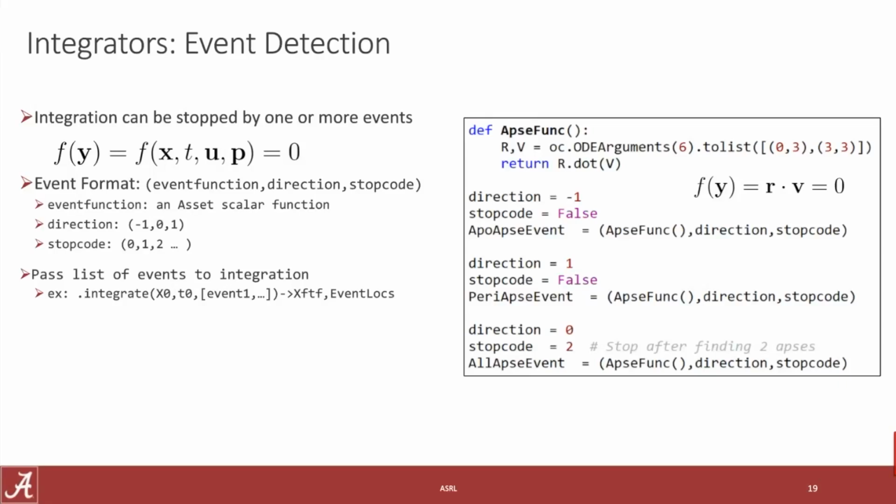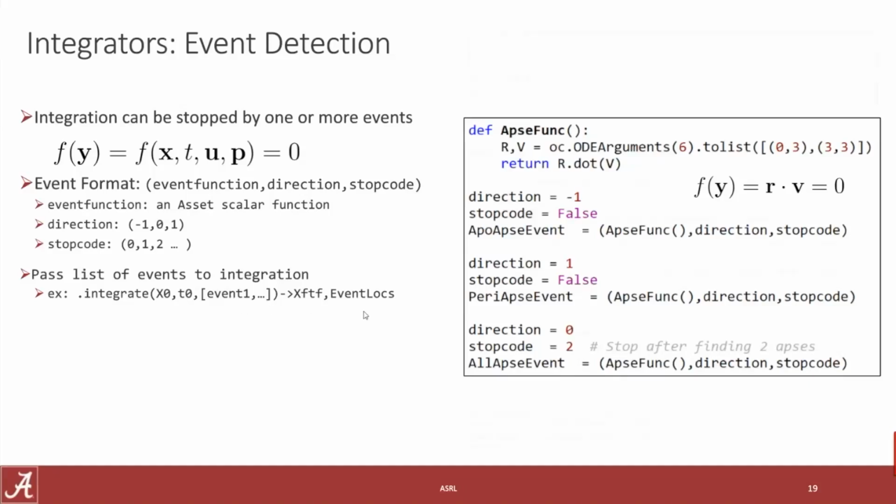Once you've constructed this tuple, it's going to be a Python tuple, so you're using parentheses, not brackets, because it's not a list. You have a tuple that is your function being evaluated, the direction, and your stop code. You can pass any number of event tuples into your integrate call, and that will then integrate subject to those constraints.